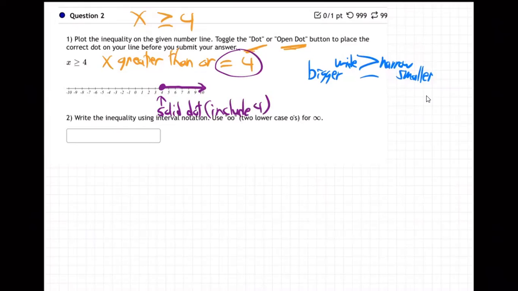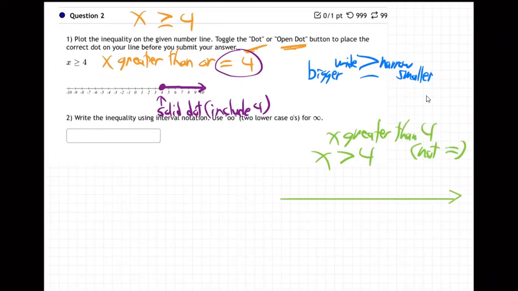Now, what if instead, let me do a what if. What if instead they'd said x greater than 4, not equal, right? So what would that look like if they had given me that version? Well, in that case, I would have put some numbers here: 0, 1, 2, 3, 4, 5, 6, 7, 8, etc. I would have come on to that number line.